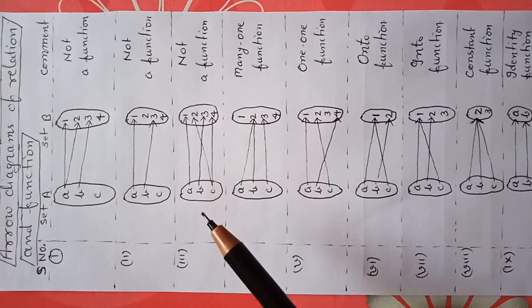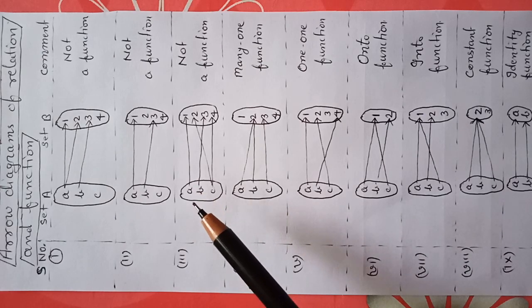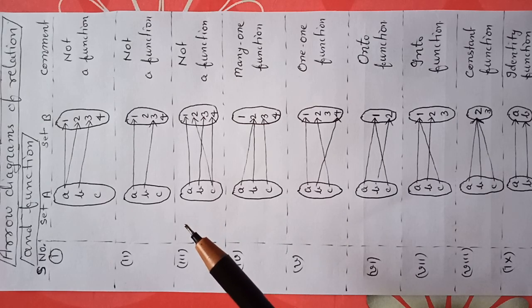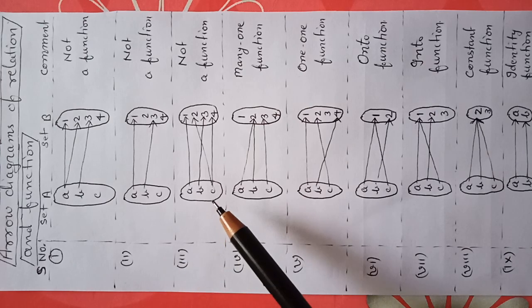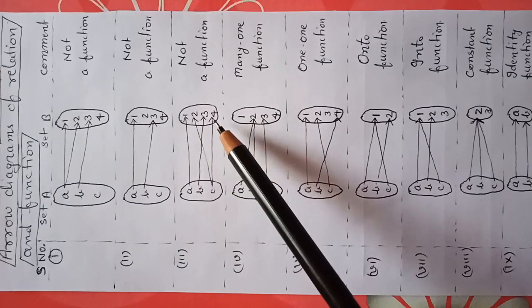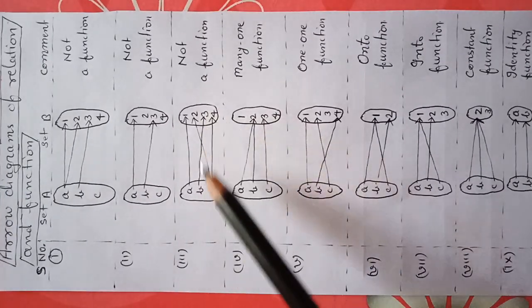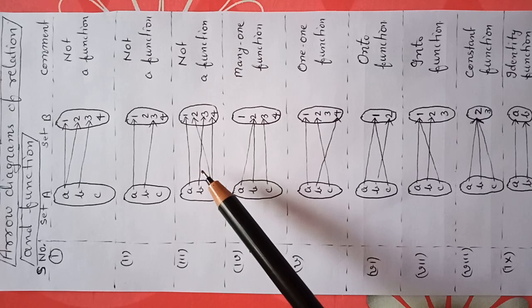But the second condition, that if an element A of A, this set, is associated with 2 or more elements of B, different elements of B, then that is an example of a relation which is not a function. Here what do we see? C is associated with 2 and C is associated with 4, but 2 is not equal to 4, and therefore this is an example of a relation which is not a function. Here first condition is okay, but second condition is violated.